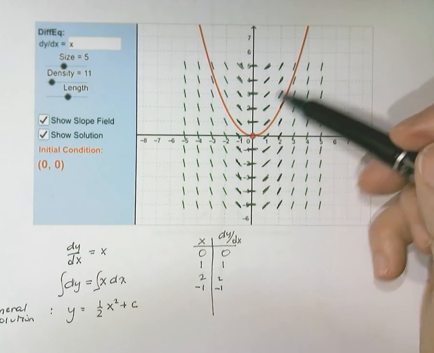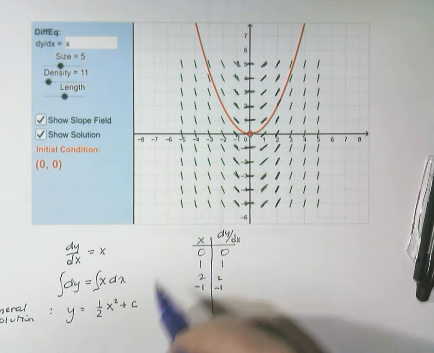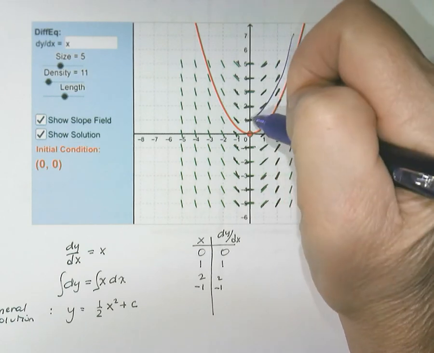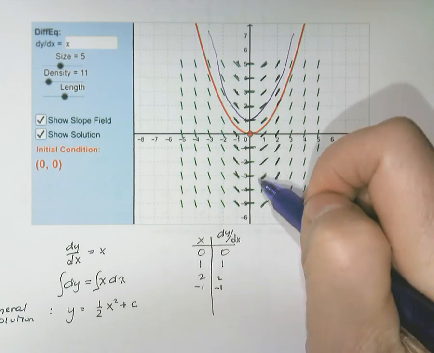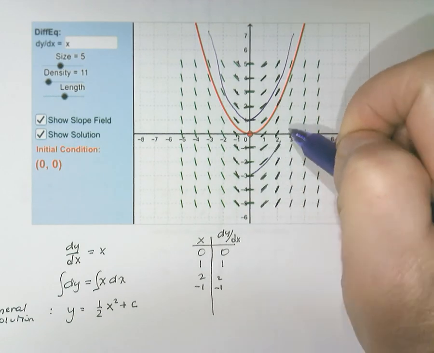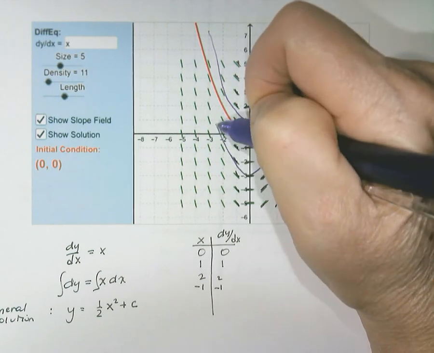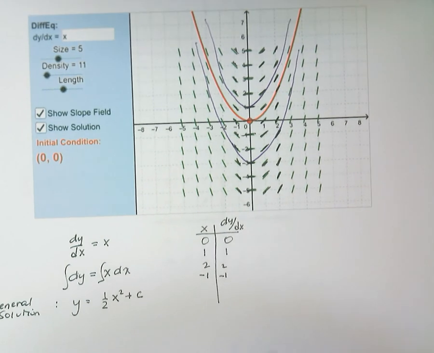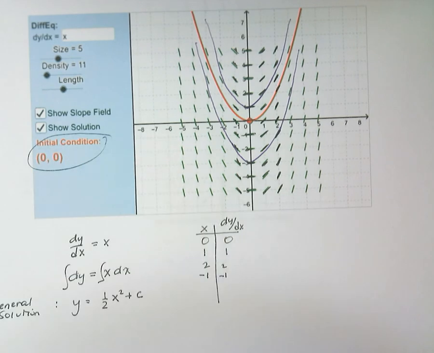So if I move this up, if c were 1, it would look like this. If c were -3, it would come down 3, and it looks like this. So that's the general solution. If I want to find the particular solution, I would have to use this initial condition that they've given me.